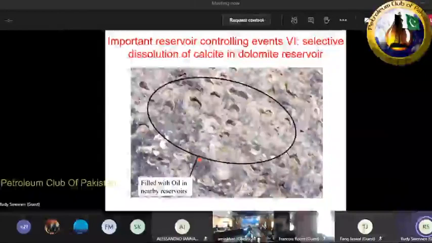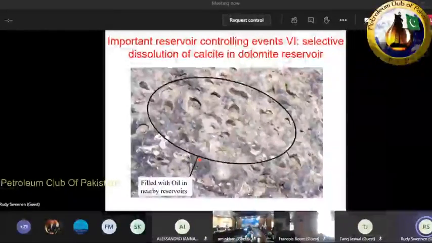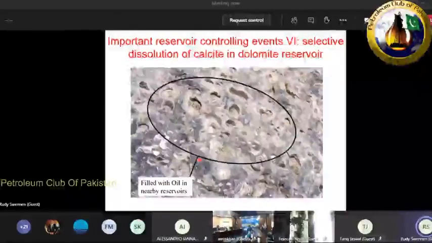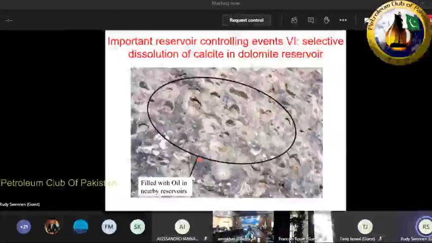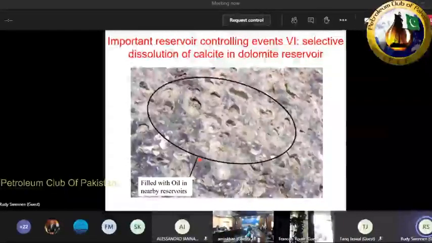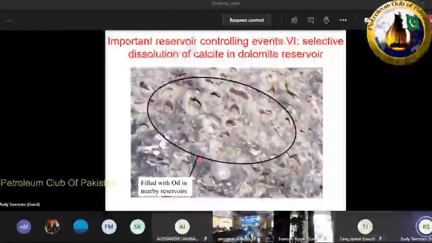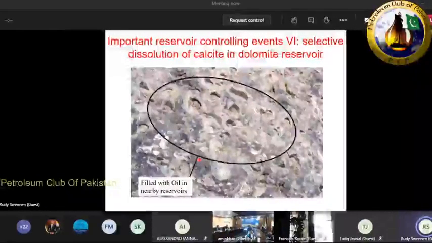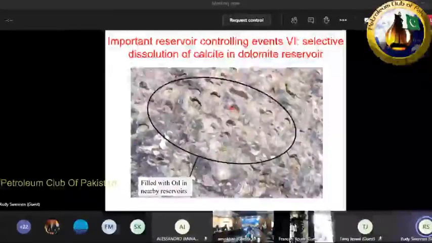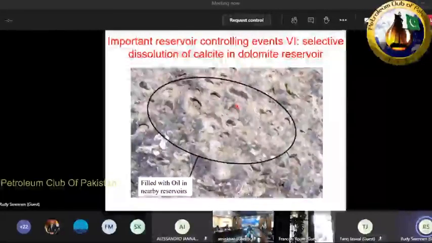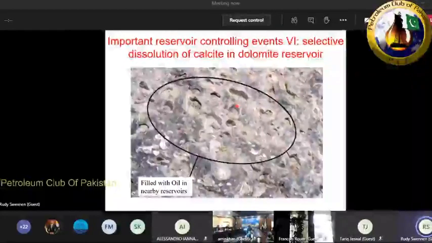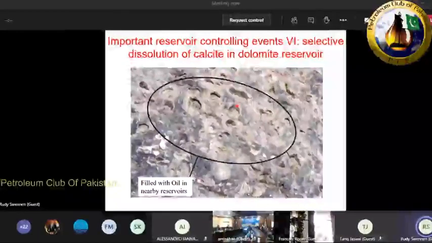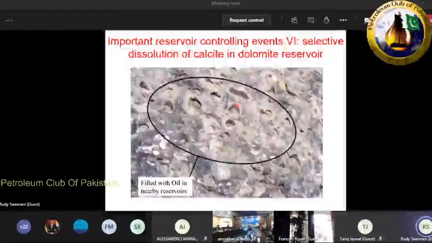And then, yeah, sometimes you have very exotic processes that can affect your reservoir system. Here we had a reef limestone, which was dolomitized, but the reef components were not dolomitized because they were formed out of a rigid calcite, and later on the calcite was selectively dissolved, creating this vuggy porosity.